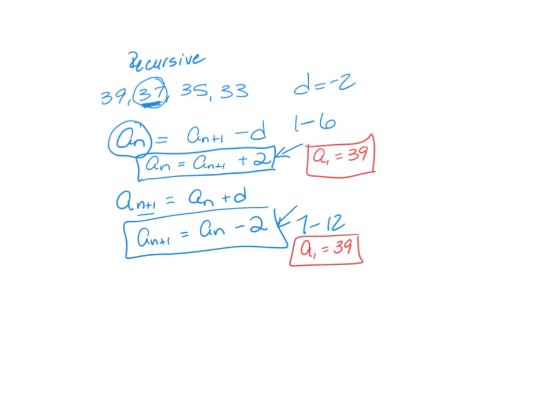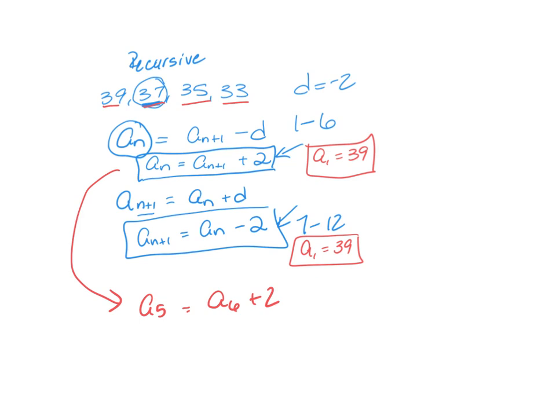Let's say I want to find A5, because I have A1, A2, A3, and A4. Now, you know what is A5? 31. Very good. Well, let's put it to the test. A5, if I'm using this formula, equals A6 plus 2, right?